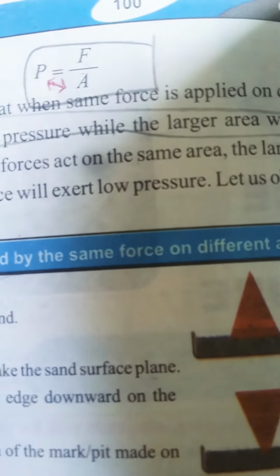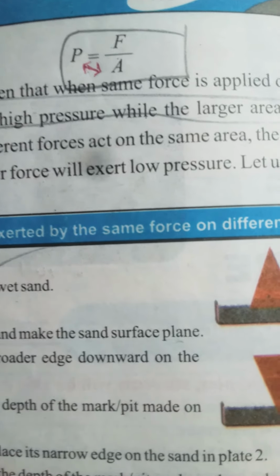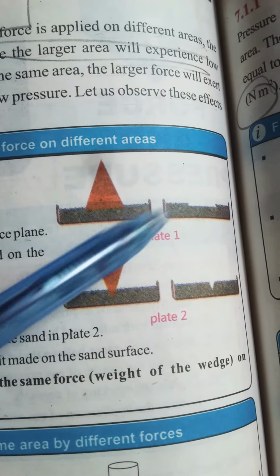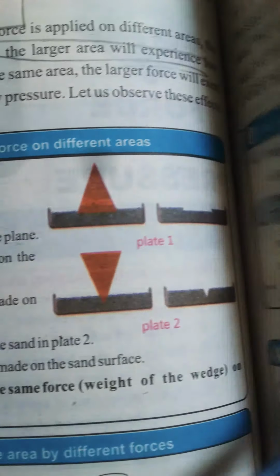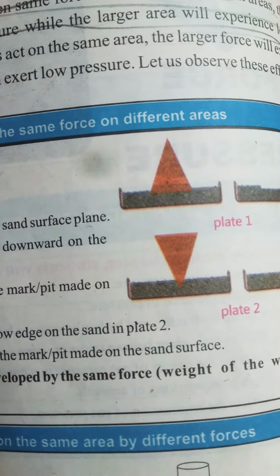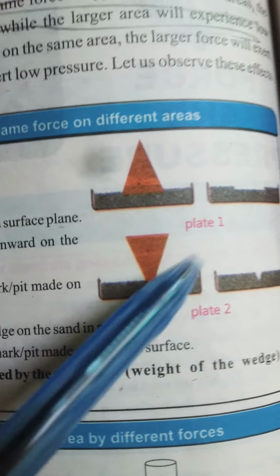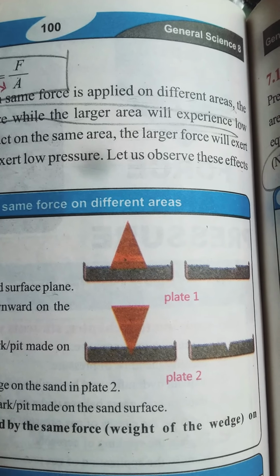Remembering these principles that we have deduced from the expression of pressure, look at this activity. Here we have sand in a beaker and two plates, plate 1 and plate 2, and we have some wedges that have a definite shape. We have two identical plates. We will fill the plates with wet sand and make the sand surface plane.